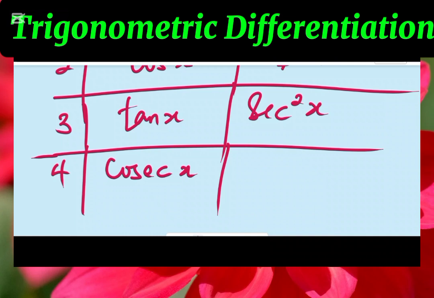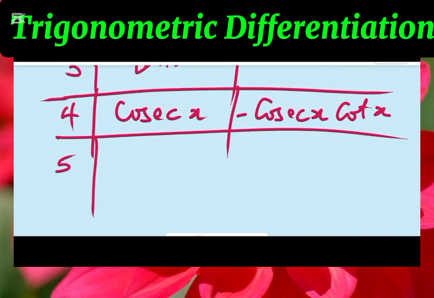The derivative of cosec x is minus cosec x cot x. Number 5 is cot x. The derivative of cot x is minus cosec square x.